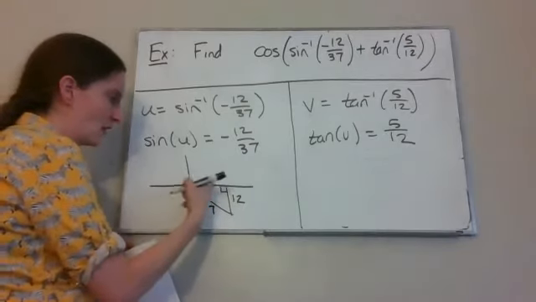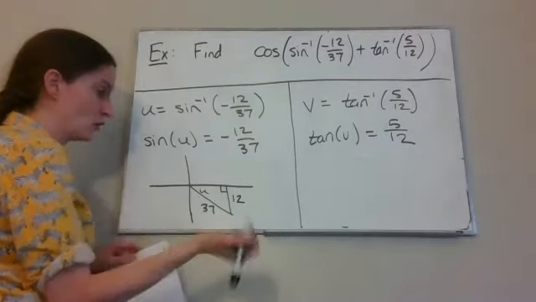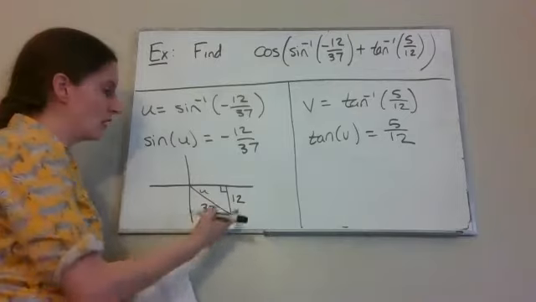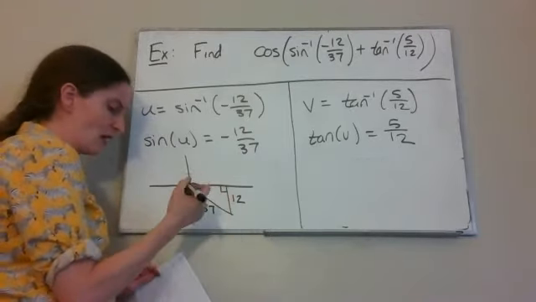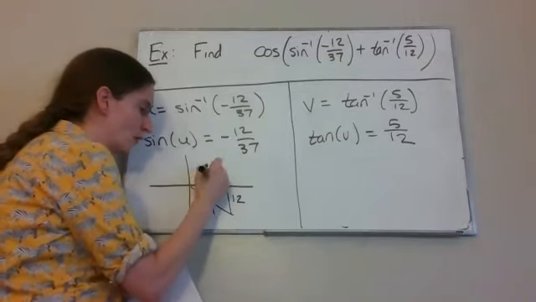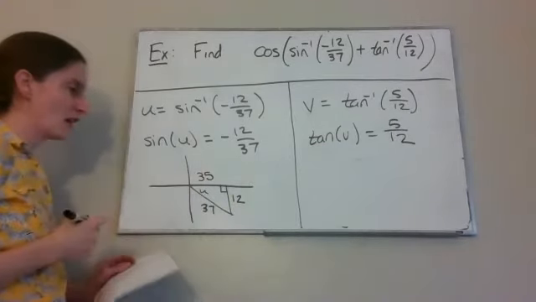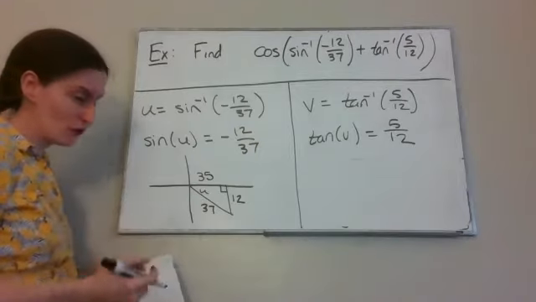Now, to figure out the other side of this triangle, you would use the Pythagorean Theorem again. 12 squared plus something squared is 37 squared. I'm going to trust you to do that arithmetic, and you will get that that other side is 35 if you do that correctly.